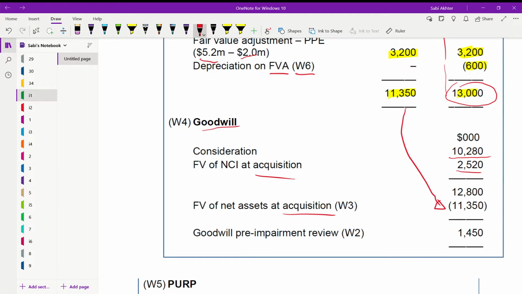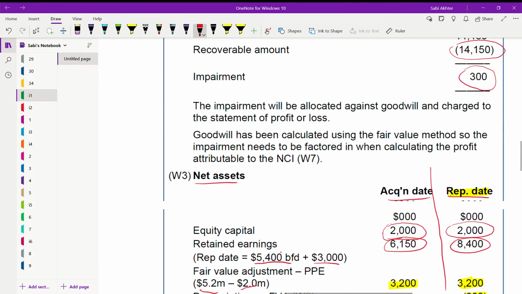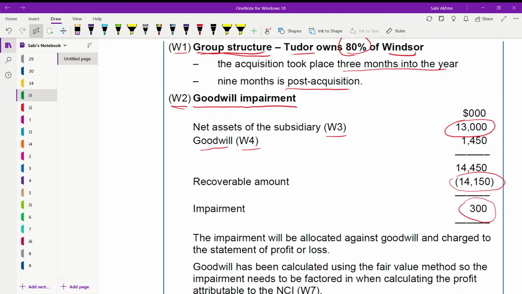Goodwill, when we are calculating it, you have to take at the acquisition only. And hence, when you are taking it, okay, it is this 1450. So this 1450 is taken in working number 2 for the goodwill impairment. Then the recoverable amount is given. So the carrying amount is more than the recoverable amount, hence there's an impairment of 300.